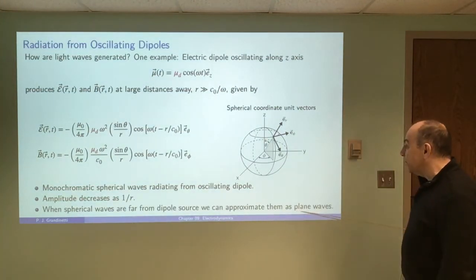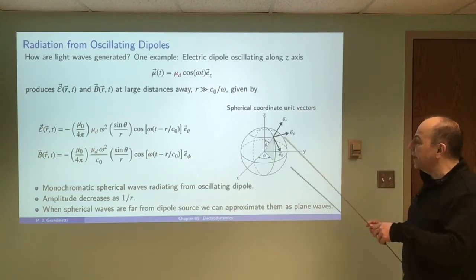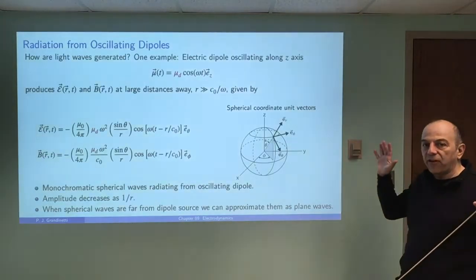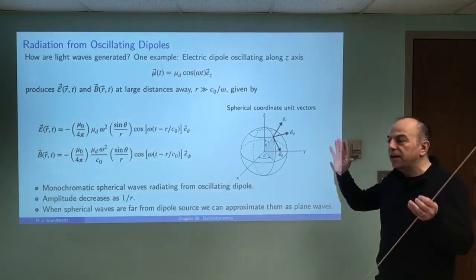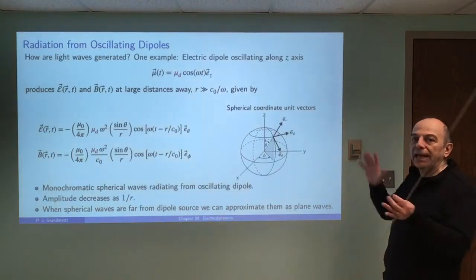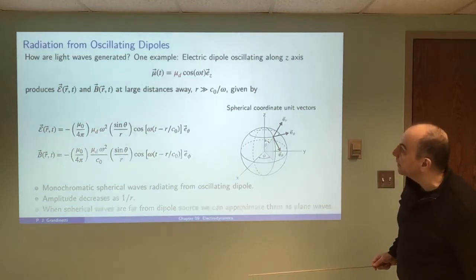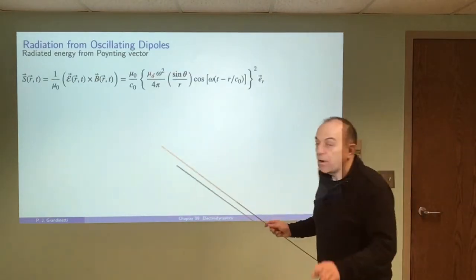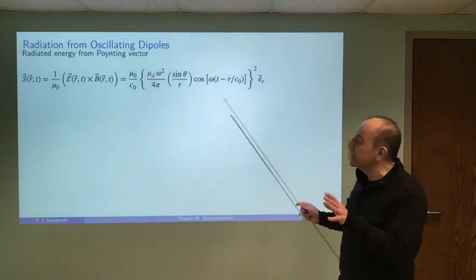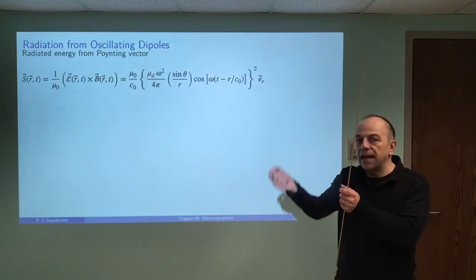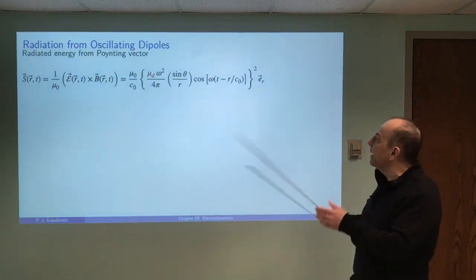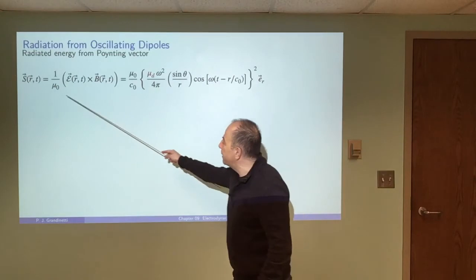And actually, when you get far enough away, and we saw this in the wave chapter, these spherical waves will start to look more and more like plane waves. They'll start to flatten out as you get far enough away from them. Now, the energy is what we're really interested in here, to see how the energy of this dipole is being radiated away, and that is just going to be the Poynting vector.